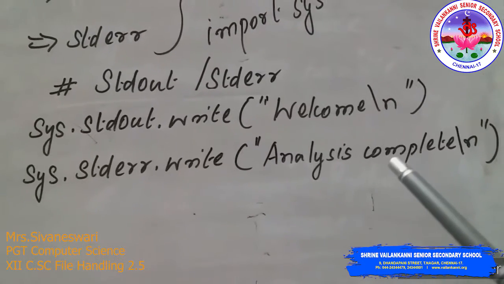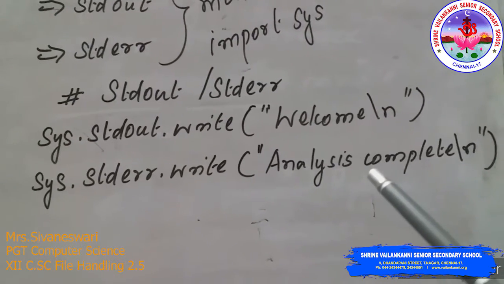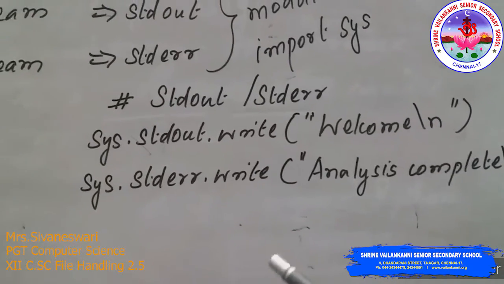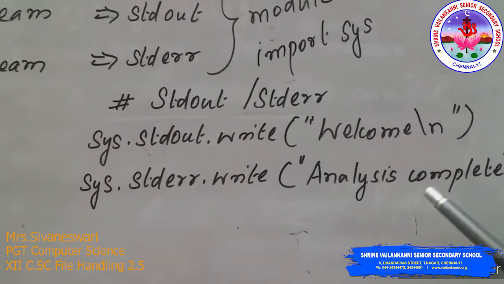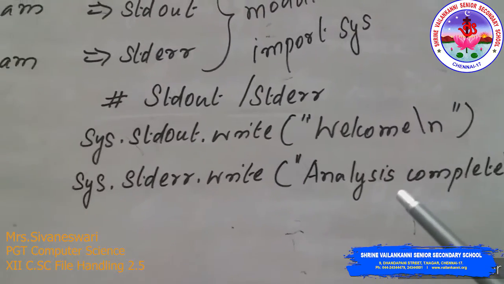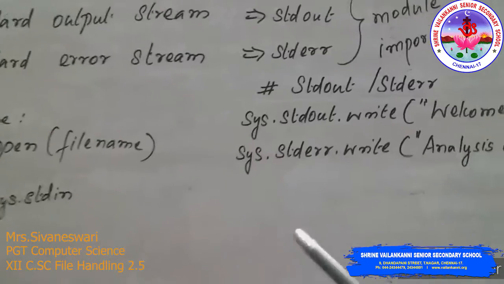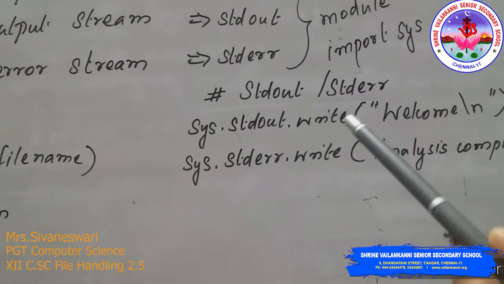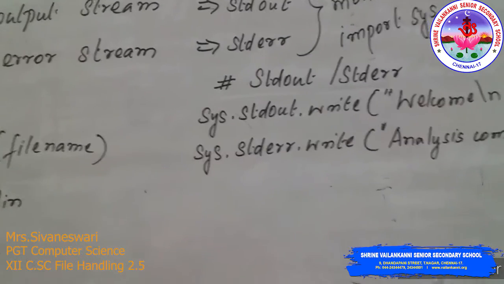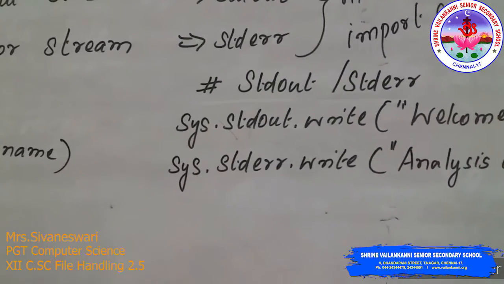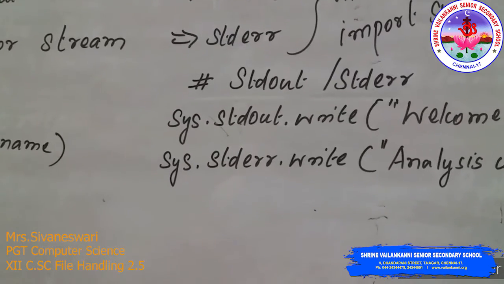This particular line is written when there is some error occurring on some condition basis. So when such an error occurs, this statement will be written inside the file too. This is how stdout and stderr work. And stdout and stderr are used when we want the written data to be displayed on the monitor.